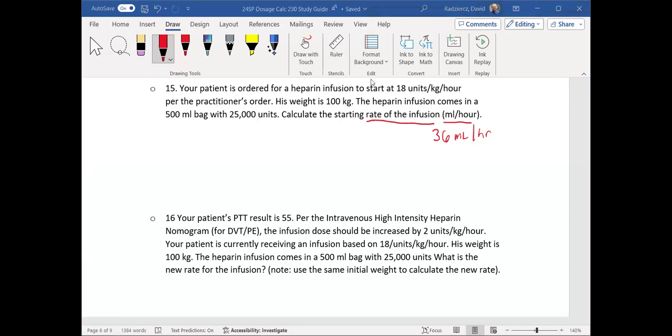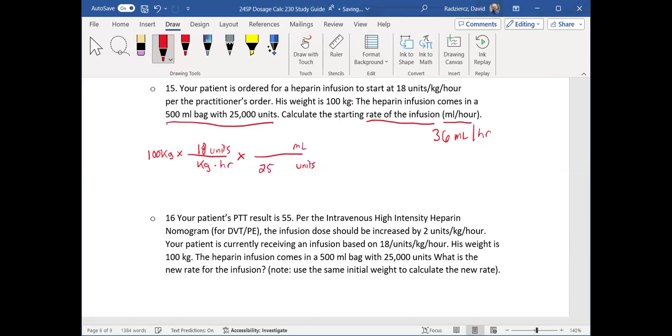All right. So looking at this, we're going to take the patient's weight first. The patient in this scenario weighs 100 kilograms, and it's telling me to start an infusion at 18 units per kilogram per hour. That's really the same as what we saw in the first scenario, okay? But in this scenario, they changed up the available, and they said this time it's in a 500 mil bag, but it's still 25,000 units, which means it's more dilute.